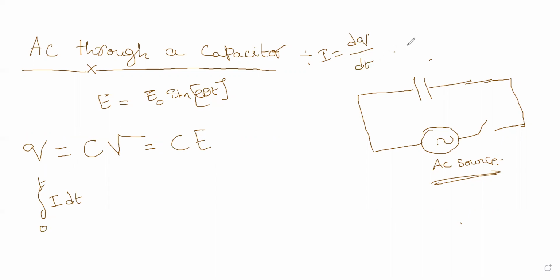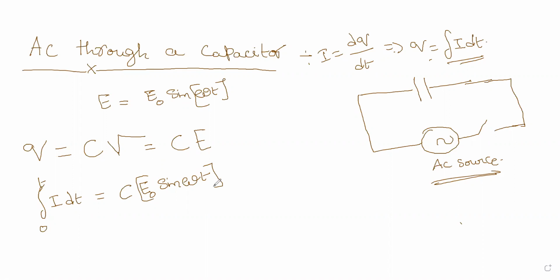So we can write Q as the integral of I dt. So the integral of I dt = C E = C E0 sin(ωt).